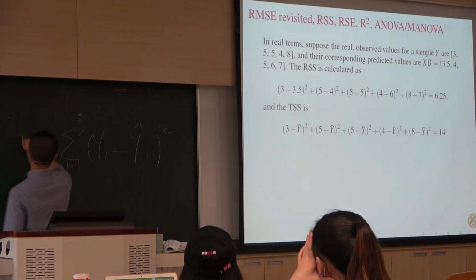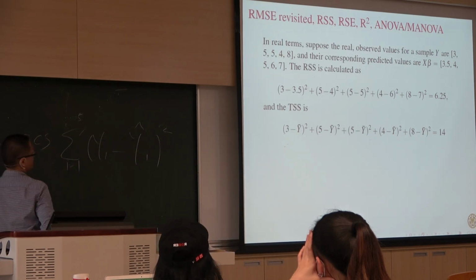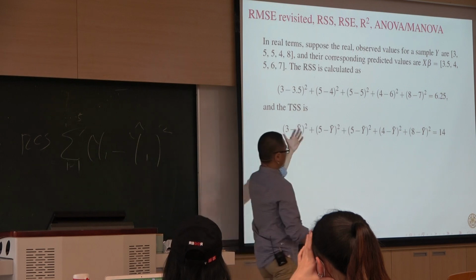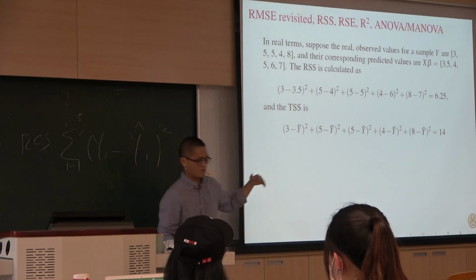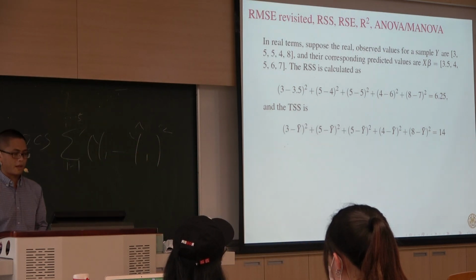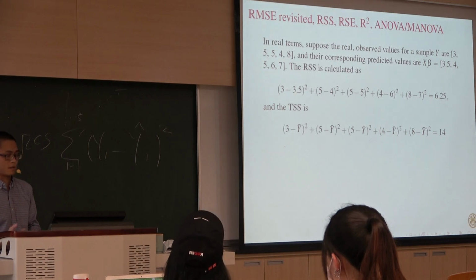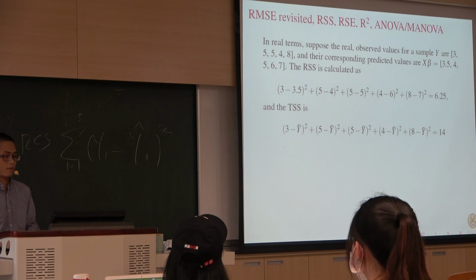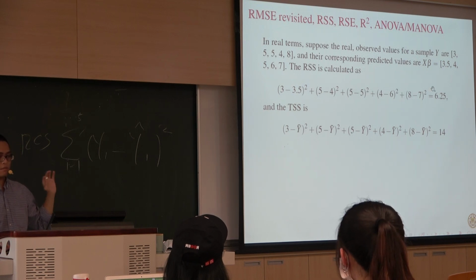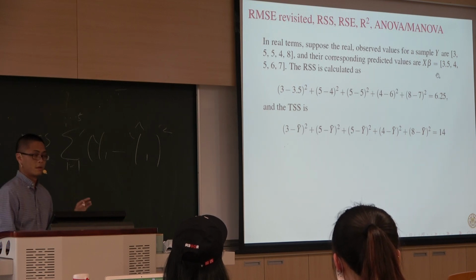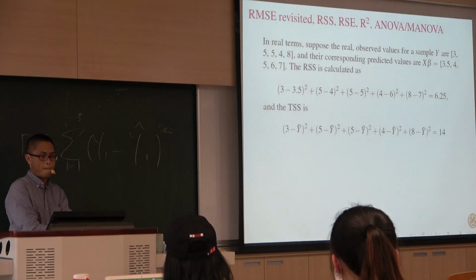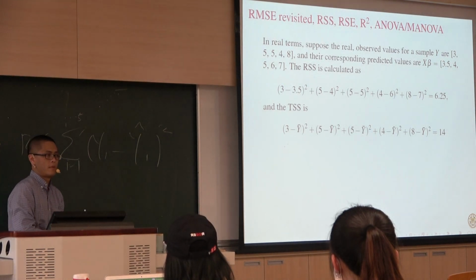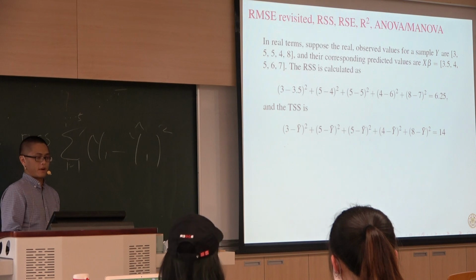Total sum of squares. Here we forget the total sum of squares, we refer to the previous page. It's simply the squared difference between the actual value and the overall mean. So, will anyone calculate the overall mean for me? Well, it's 5, right?